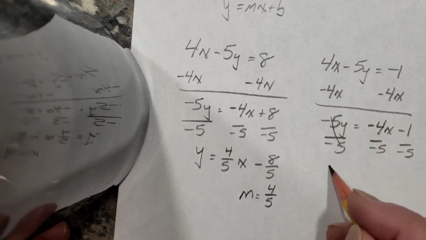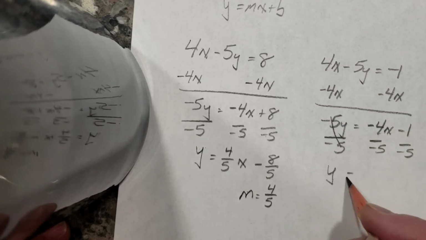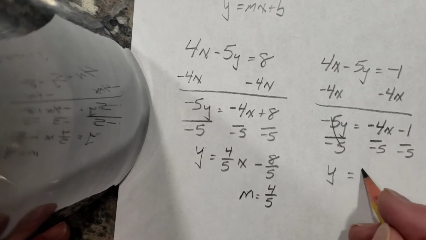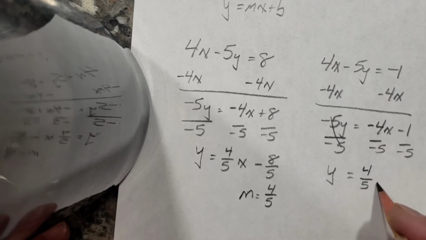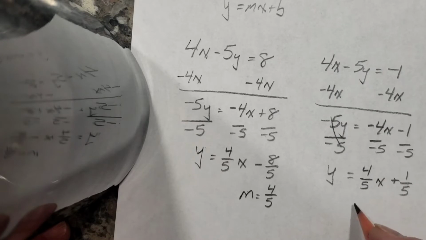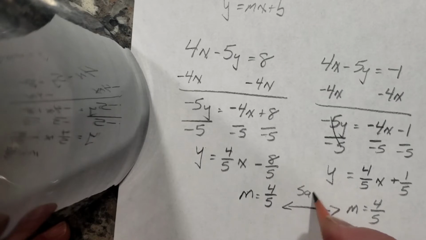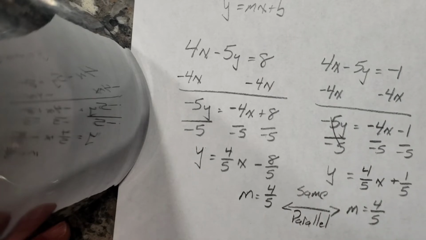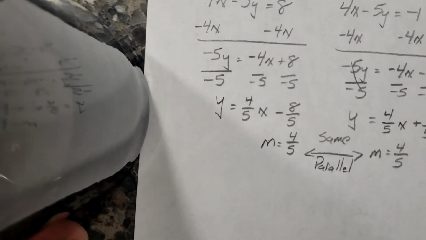Okay, and we get y equals negative divided by a negative 4/5 x, negative divided by a negative, plus 1/5, and your slope is also 4/5. So because they are the same, they are parallel. Okay? All right, there's that one.